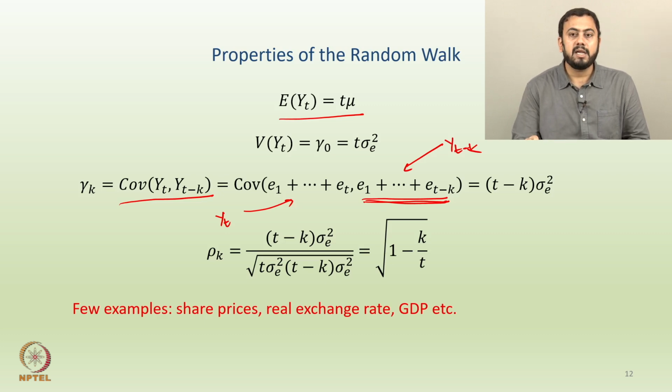We'll have T minus k components of sigma square E, because exactly T minus k subscripts are common between the first element in this covariance and the second sum in this covariance. So the answer is T minus k into sigma square E, and all the remaining terms would be zeros because subscripts are not matching.